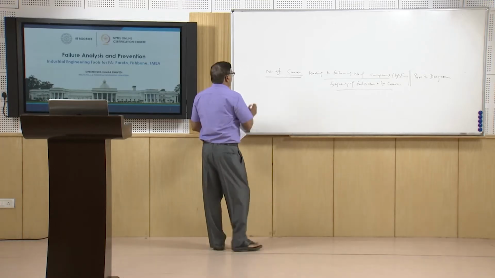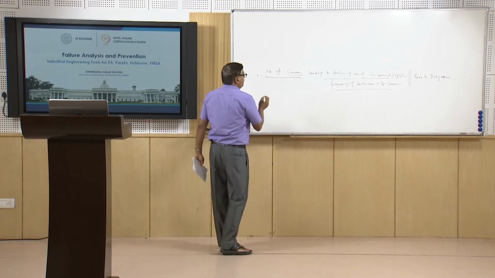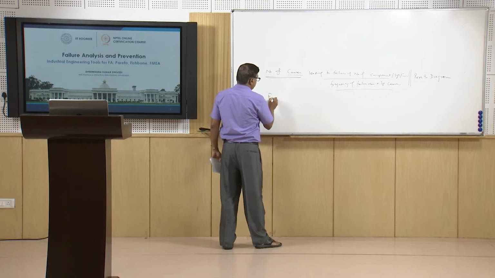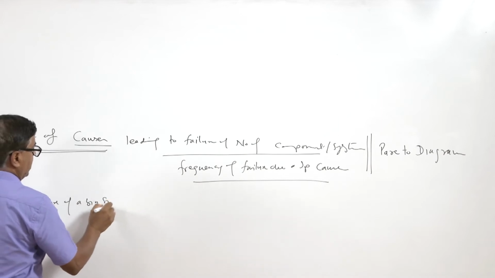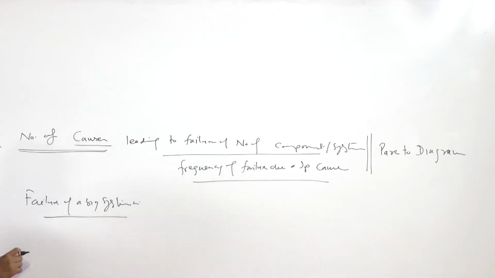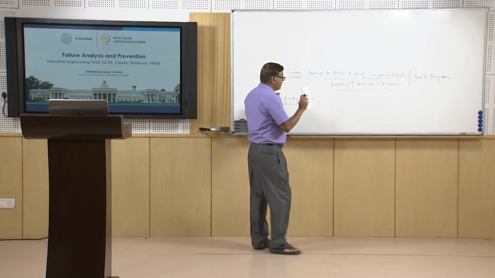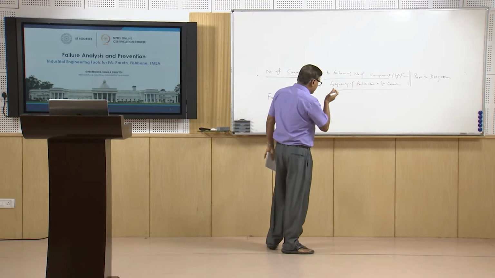So, this is one, and the second one is if the failure of a big system is taking place, then we need to analyze the various possibilities related to the failures which can be there and which need to be addressed.